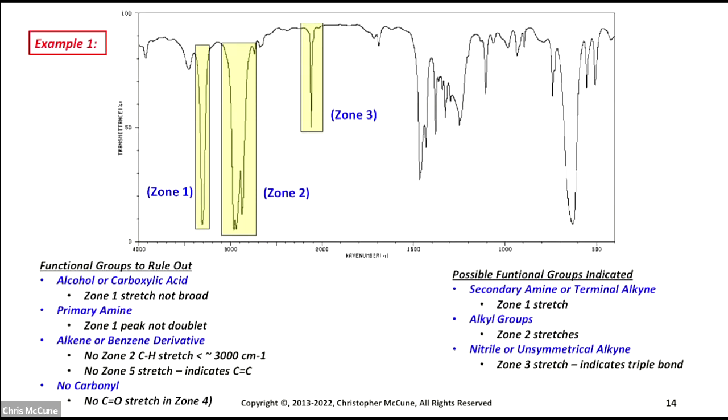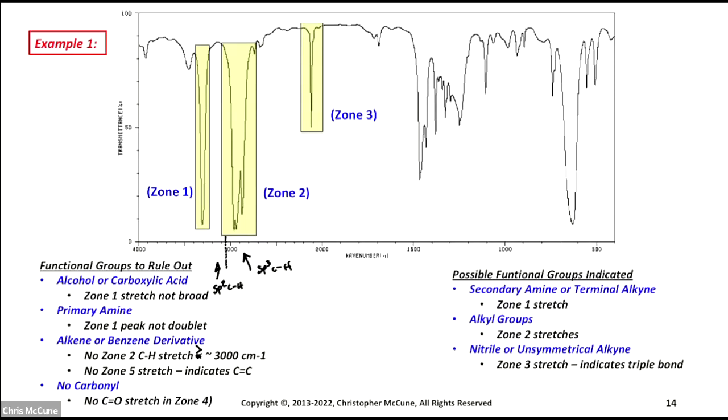Okay, we can rule out alkenes or benzene derivatives because there's no zone 2 CH stretch that is greater than 3000. That should be greater than. So let me fix that. Okay, so we would expect alkenes to show up on the other side of 3000, whereas sp3 CH stretches show up on the right side of that number.